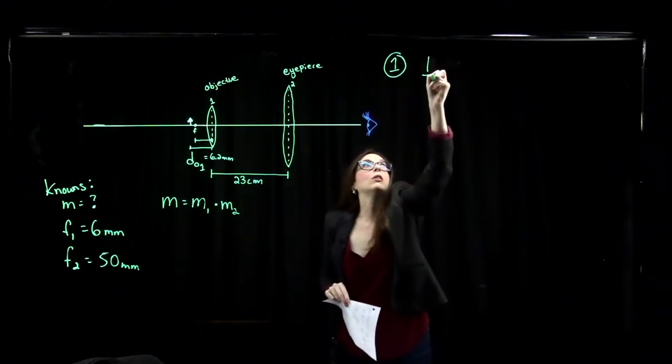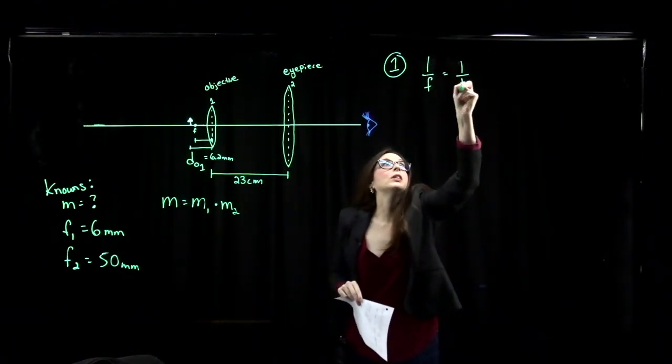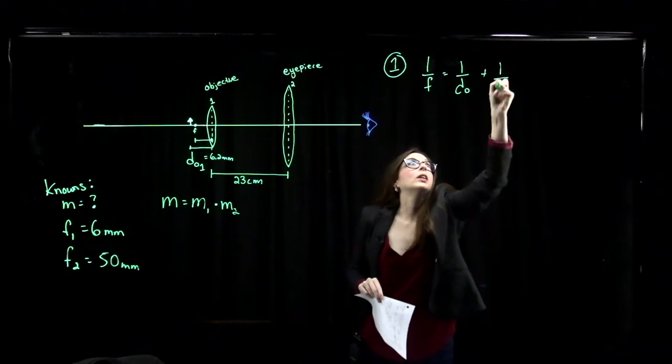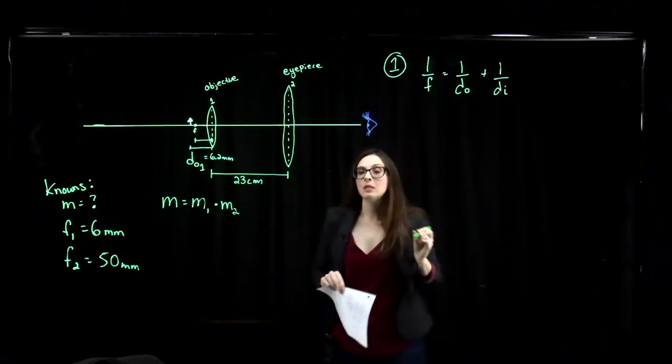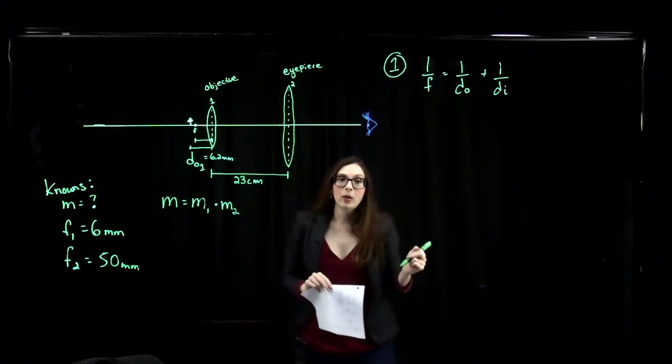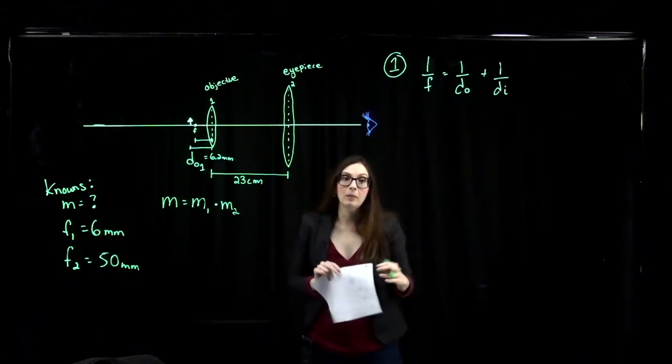We know 1 over f is equal to 1 over dO plus 1 over di. We know f, we know dO. We're going to solve this equation for di so that we can get at the magnification.